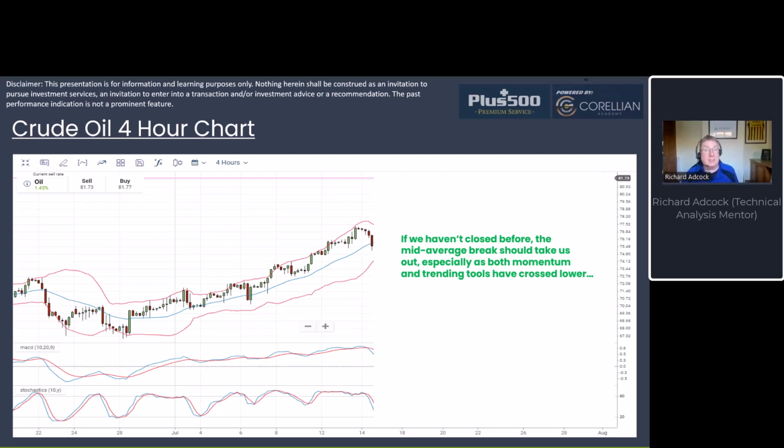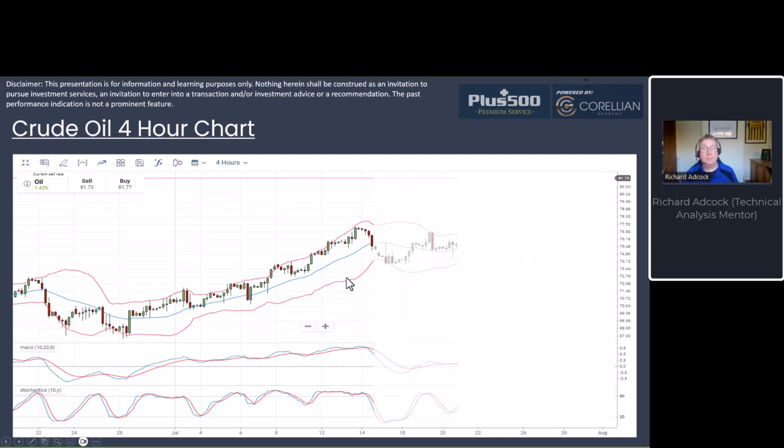But what we should have done as the market sold off and broke below the rising mid-average was to think, well, the risks are that we could be looking for a more extended consolidation correction period. So that should have been a trailing stop on our long position, looking for a more corrective theme to develop if we start to break lower. And also both momentum and trending indicators have crossed below their moving averages. And that suggests an extended consolidation period.